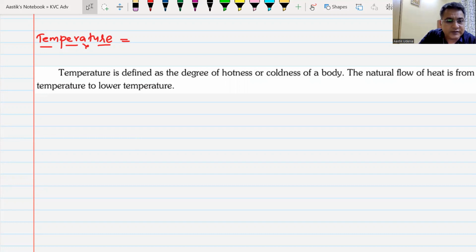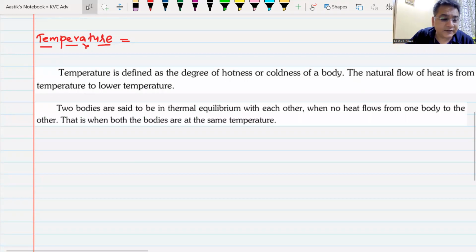Then there is a term that will come just now after we are seeing the term of temperature, thermal equilibrium. Have you heard this term thermal equilibrium before? What do you mean by thermal equilibrium?